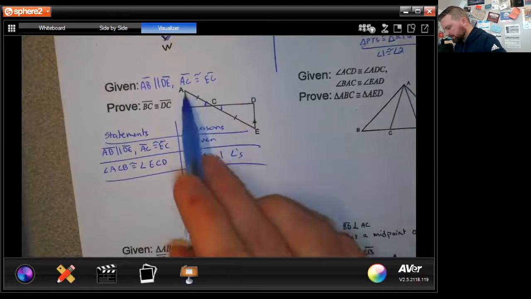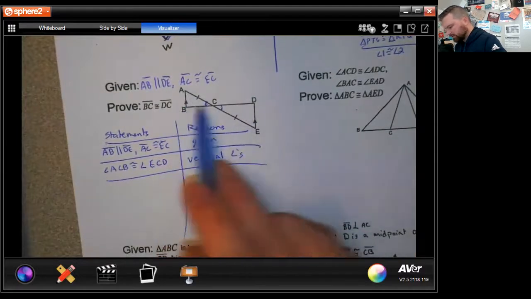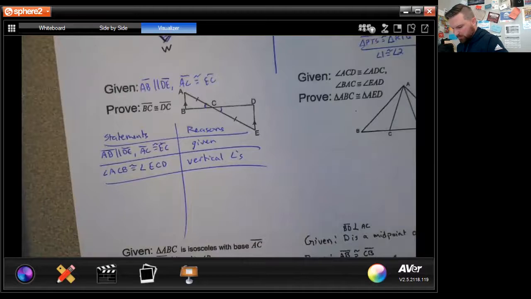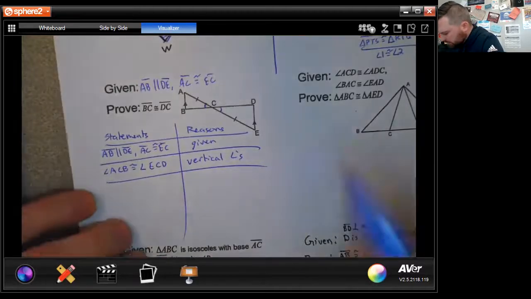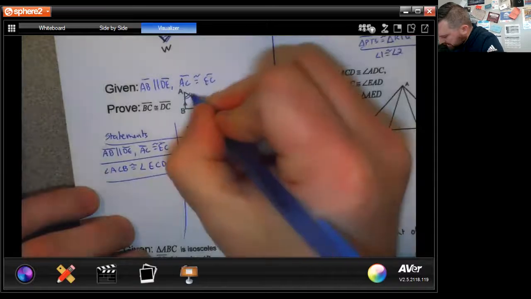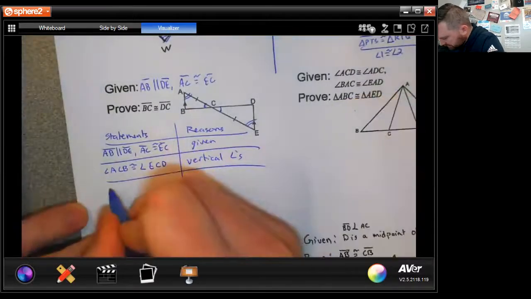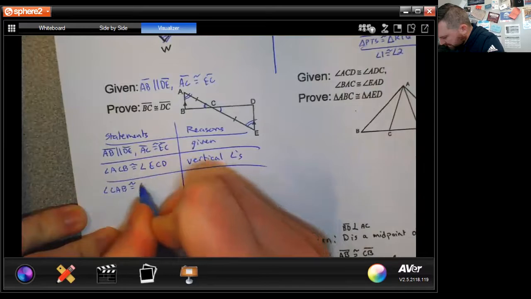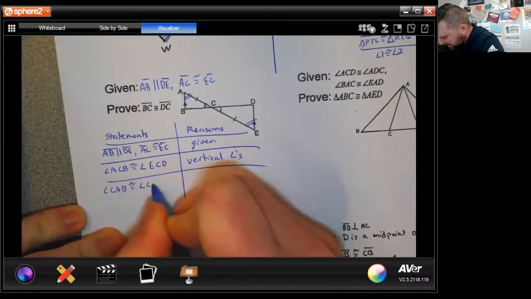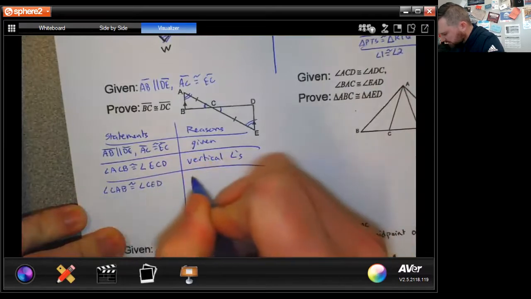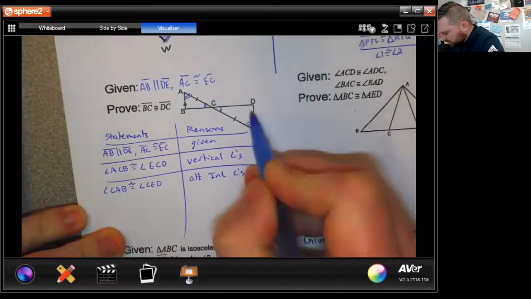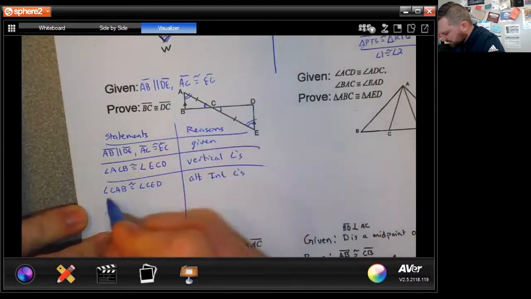See, I have parallel lines and I have actually two transversals. So it doesn't really matter which angle you go with for alternate interior. But just go with one of them. I'm going to go with this one and this one. So angle CAB congruent to angle CED. And those are alternate interior angles. You could have gone with this angle and this angle as well.